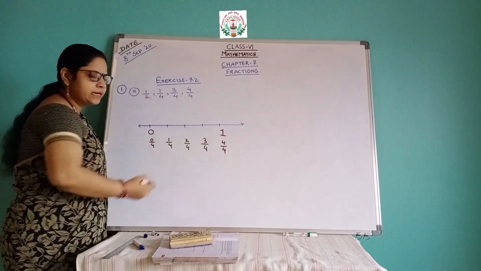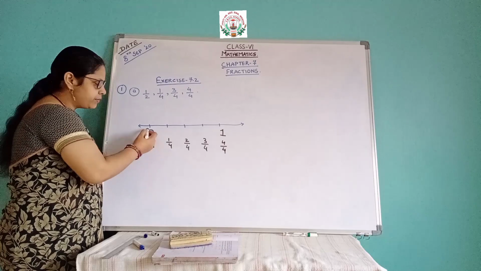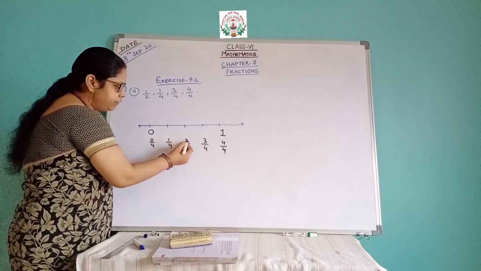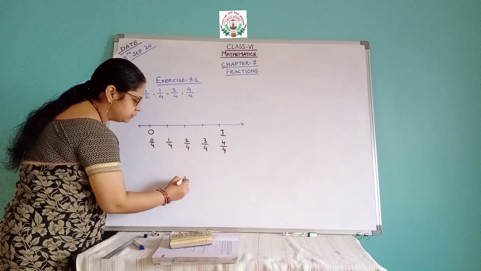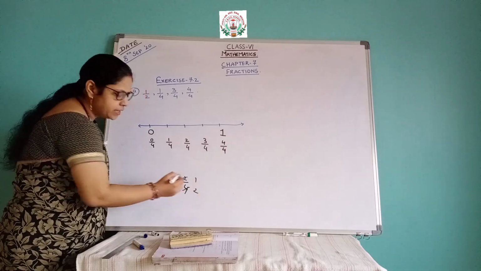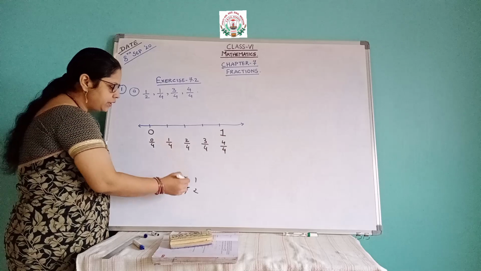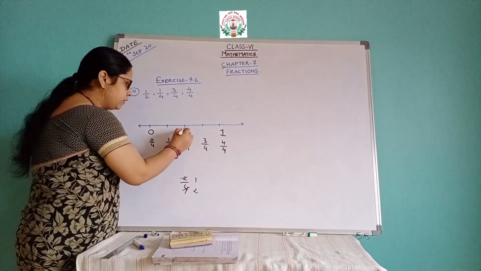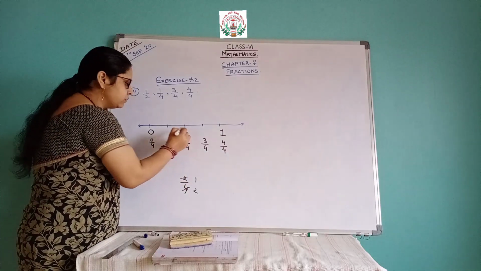4 by 4 means that is 1 only, and 0 by 4 is 0 only. And 2 by 4, when you cancel, as I just explained, 2 ones are 2, 2 twos are 4. Now it has changed to 1 by 2, so you can write here 1 by 2.